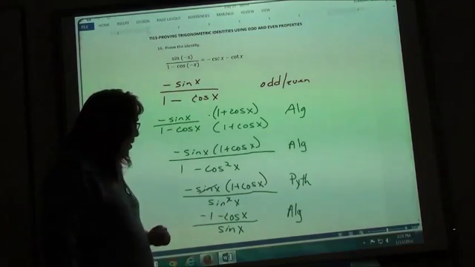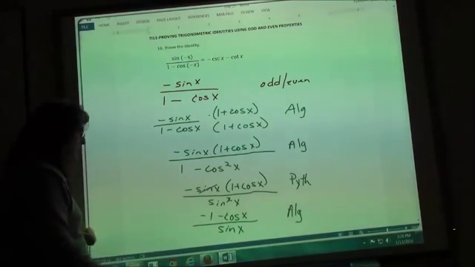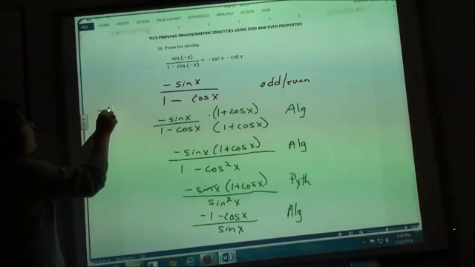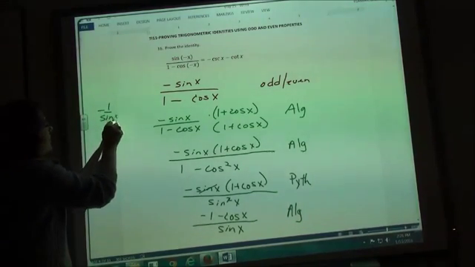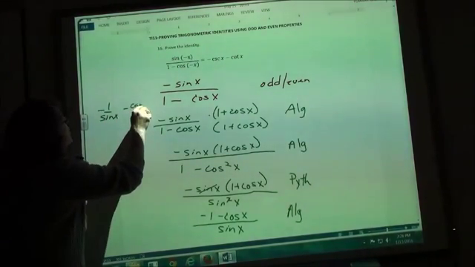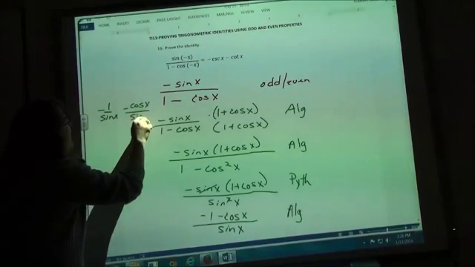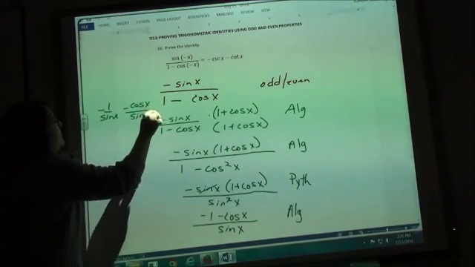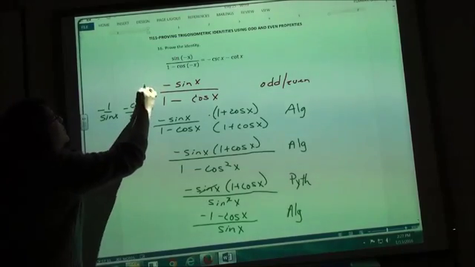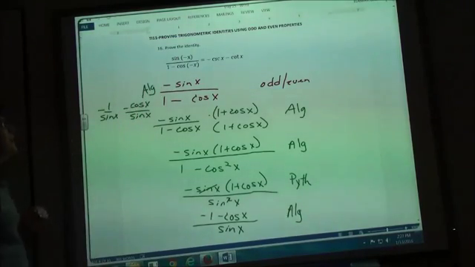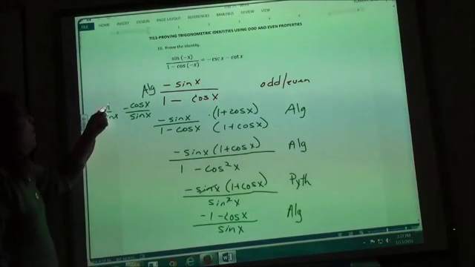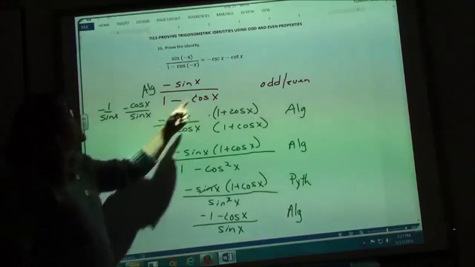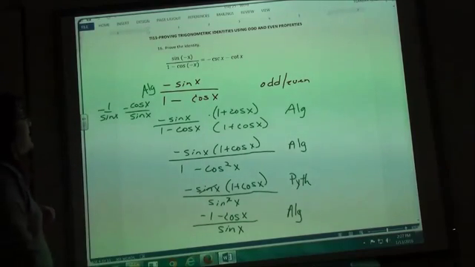Then I'm just going to separate this into my 2 separate fractions. So I'm going to have negative 1 over the sine of x, and I'm going to have minus the cosine of x over the sine of x. That step there is just doing algebra. 1 over the sine of x is my reciprocal identity for cosecant of x.